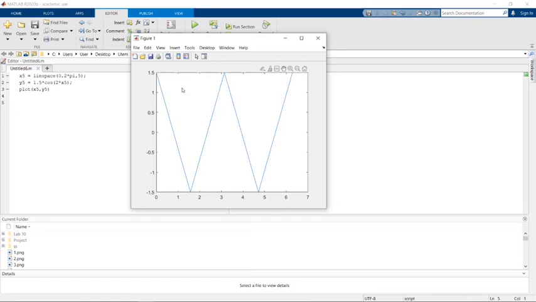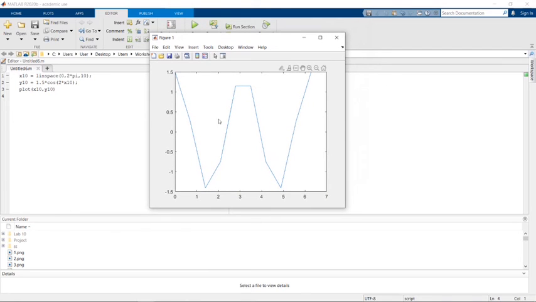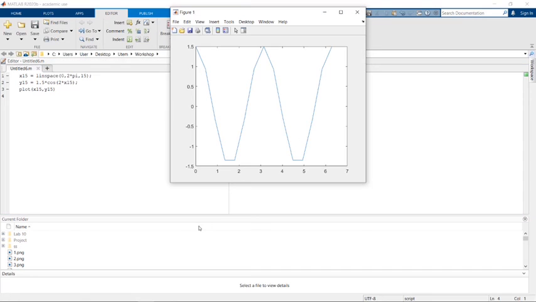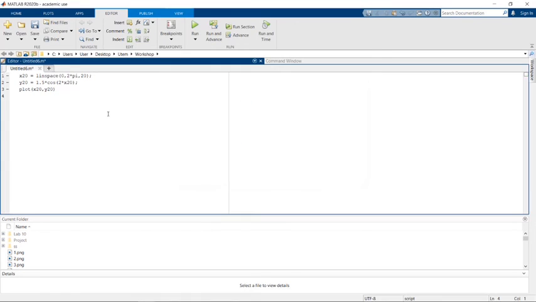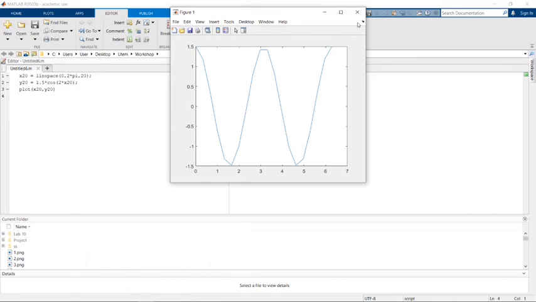So this one is for 5 points, this one for 10 points, 15 points, and lastly this is for 20 points. So the graph changes based on the number of points given.